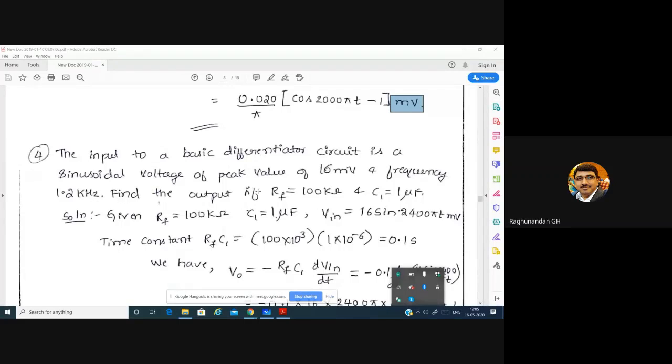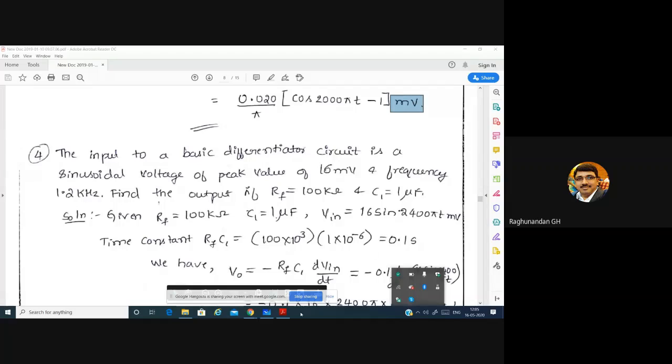Find the output if RF is equal to 100 kilo ohm and C1 is equal to 1 microfarad.